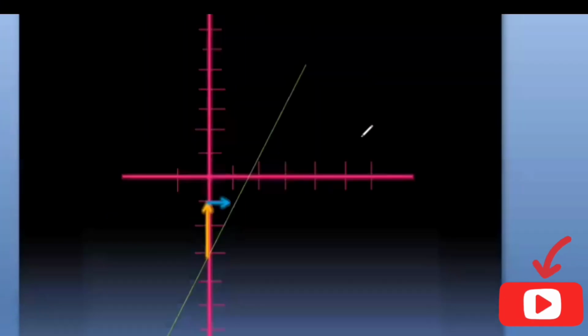Now moving to the graph. For this graph we have the slope-intercept equation y = 2x - 3. So here our y-intercept point is -3. This is our first point.